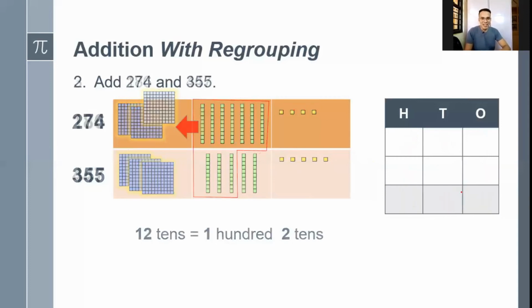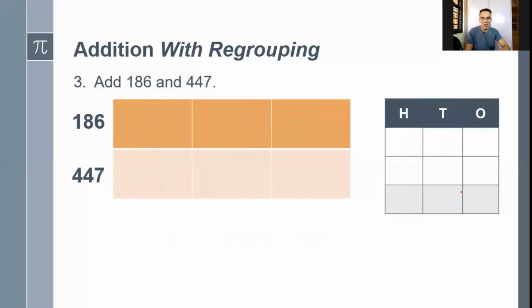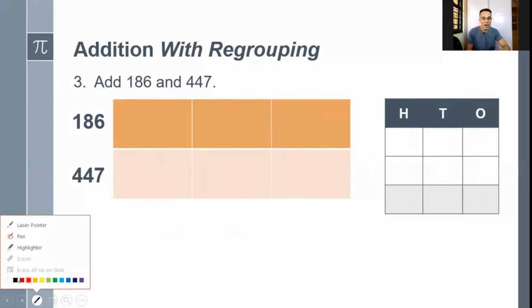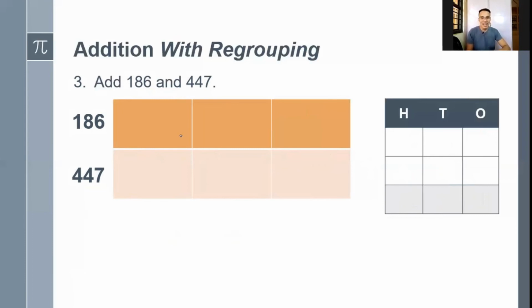Okay, and let's have our final example in this video. We are going to add 186 and 447. Let's start with 186. In this number, there's only 100. There are 8 tens and 6 ones.